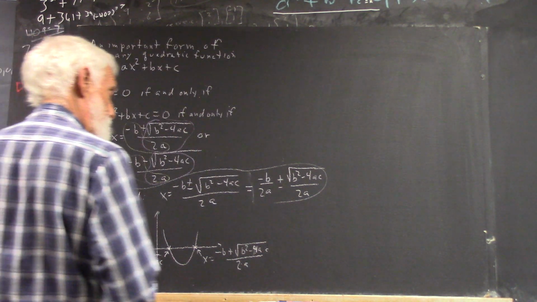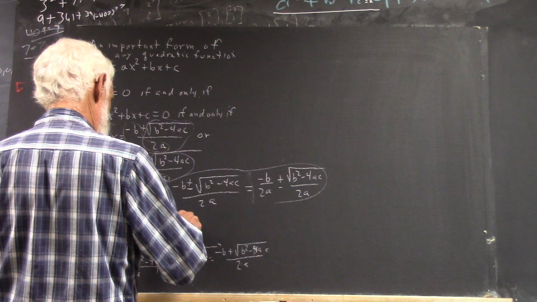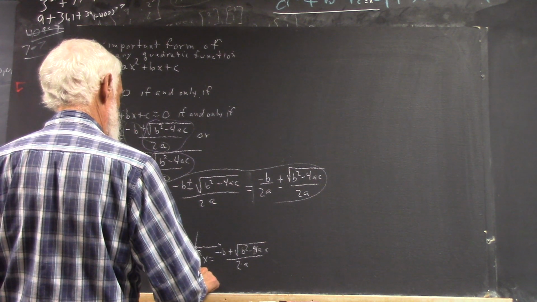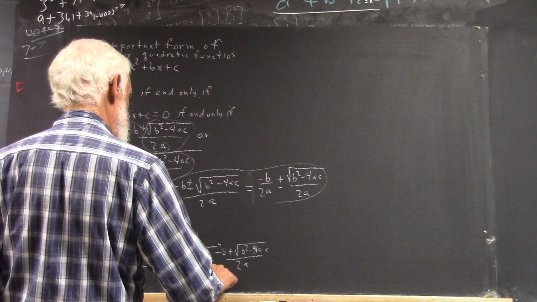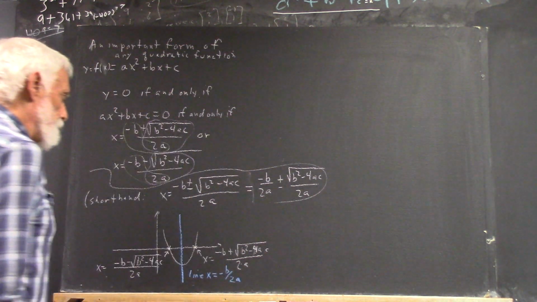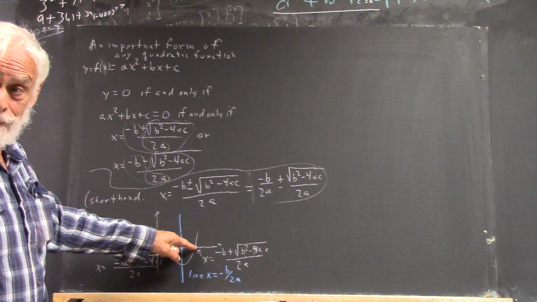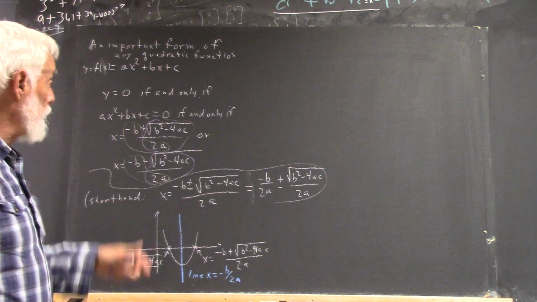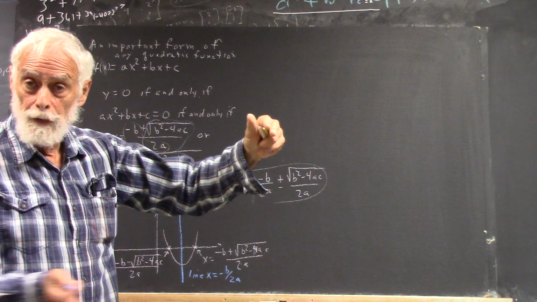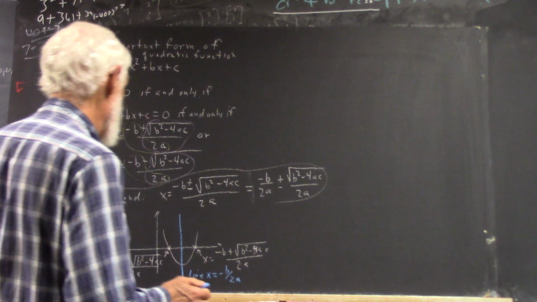Okay, well, this is a line, x equals negative b over 2a, right in the middle of these. The x squared graph is symmetric with respect to the y-axis. Part on this side is just a reflection of the part on this side, and vice versa, right? Okay?